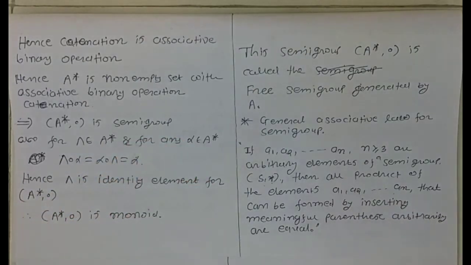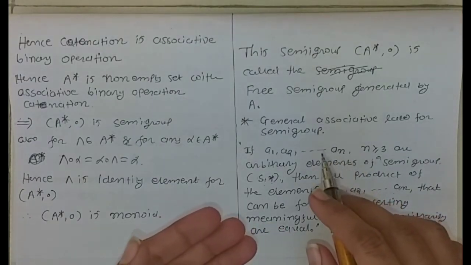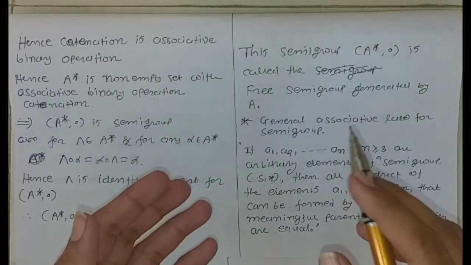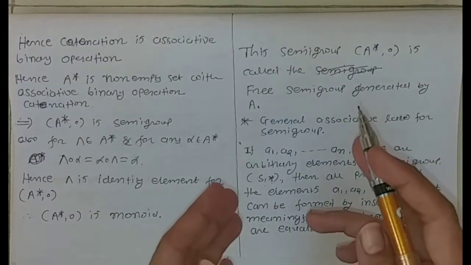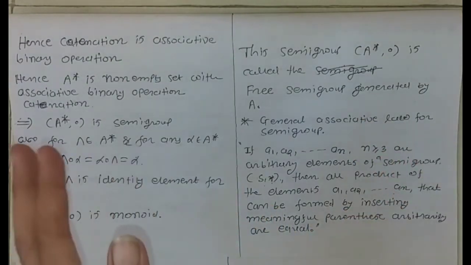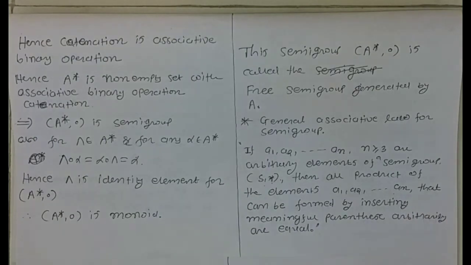Then we have defined catenation as a binary operation on A star. Also we showed that this catenation is an associative binary operation, so A star with catenation becomes a semigroup. And the empty sequence is the identity element for A star, so this A star with catenation is also a monoid, and this semigroup A star with catenation is the free semigroup generated by set A.